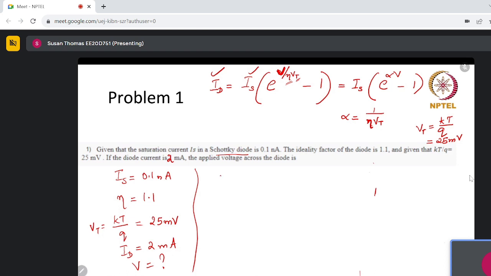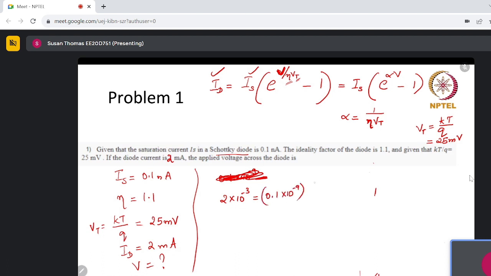Okay, so let us try to substitute 0.1 nanoamperes, 0.1 into 10 power minus 9 for IS. So basically you have 2 milliampere is equal to, so that is the diode current, now saturation current, which is very small, which is 0.1 nanoamperes.